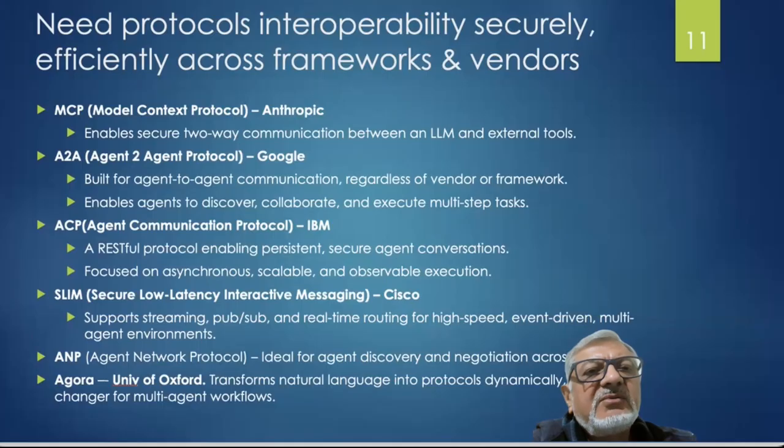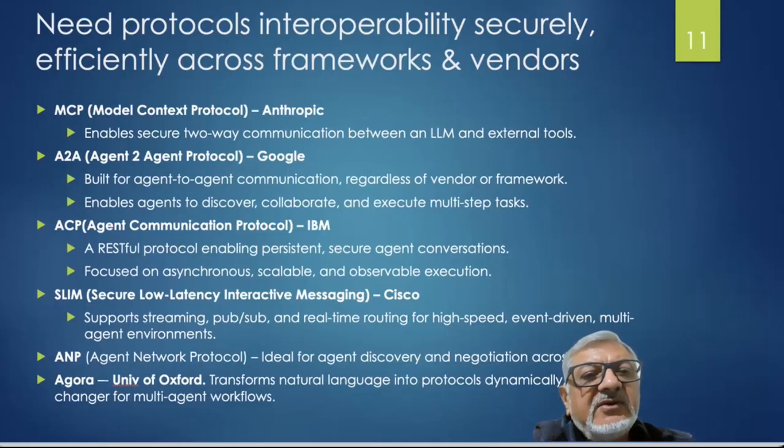So Model Context Protocol, which is from Anthropic, enables secure two-way communication between LLMs and external tools. Agent-to-Agent protocol, which is promoted by Google, is built for agent-to-agent communication regardless of vendor or framework being used.